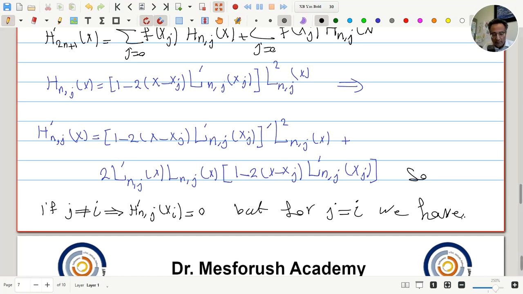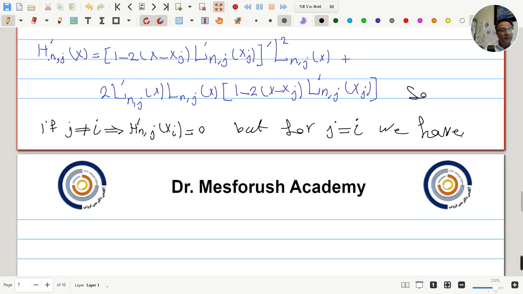But for j equal to i, we have, okay, put in this equality x equal to x_i, and note that j should be i.